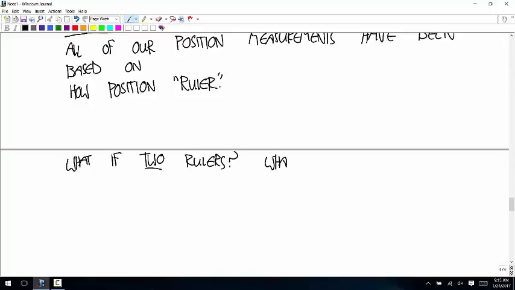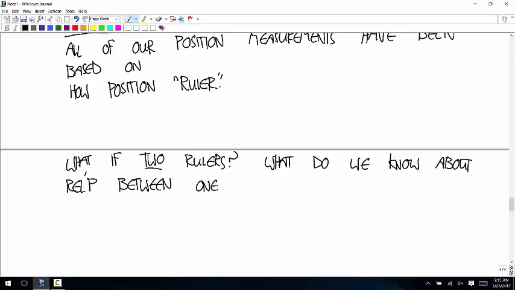So what do we know about the relationship between one ruler's measurements and the other's measurements?